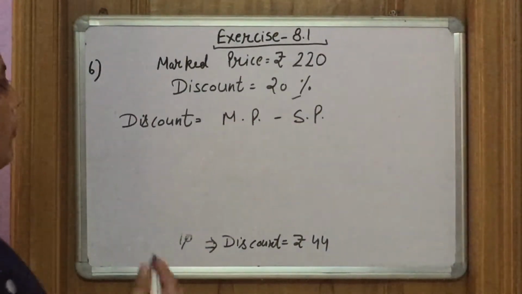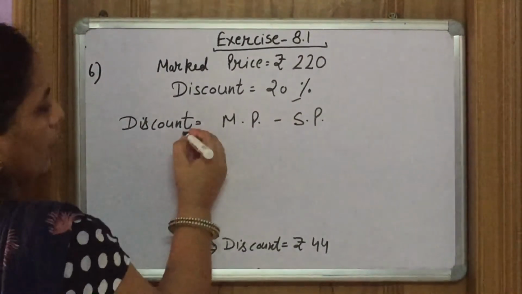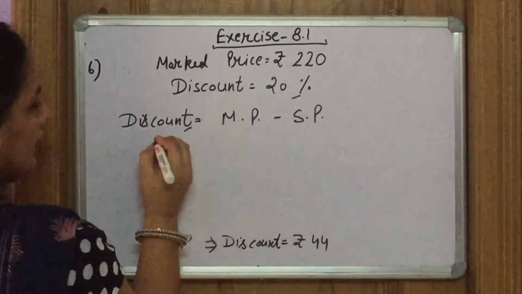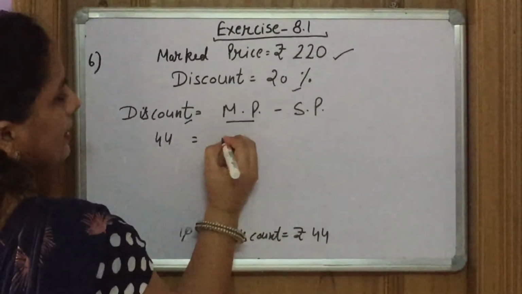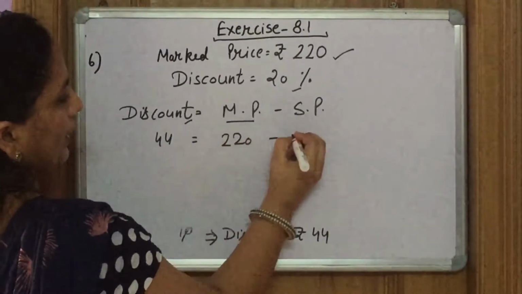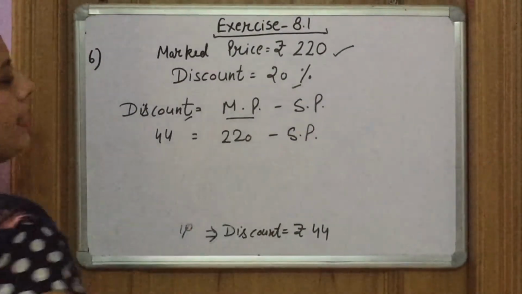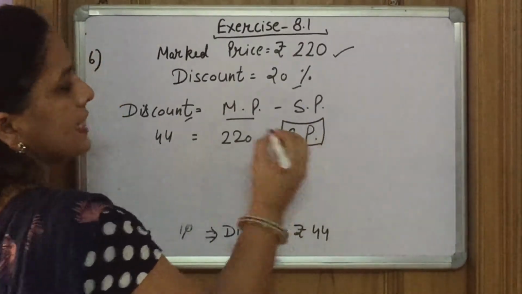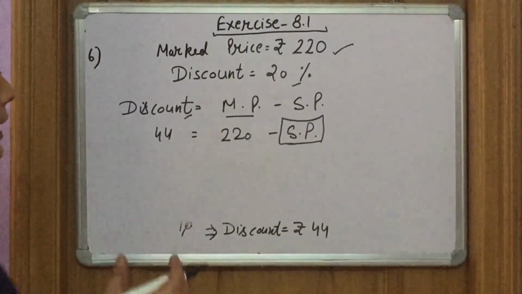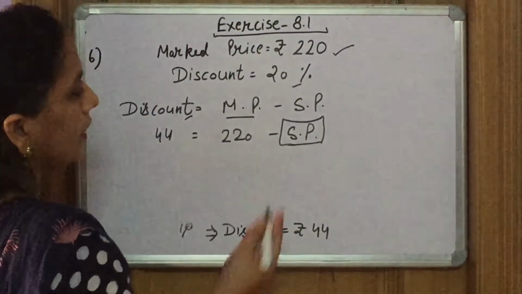Put the values if you know the value of any term. We know the value of discount is 44 and also marked price is 220 minus selling price. We have to find out here the value of selling price. So just do the calculation. What will we do here?